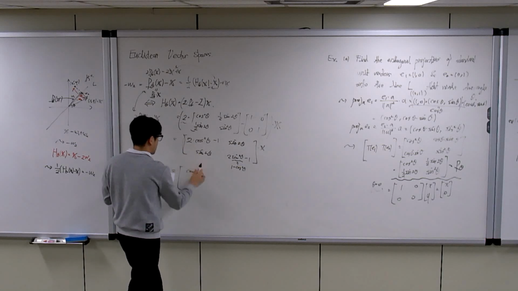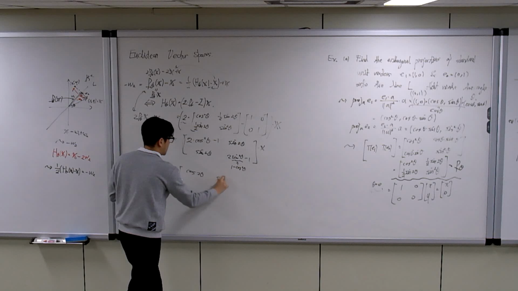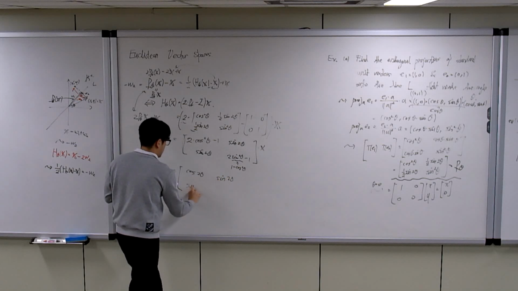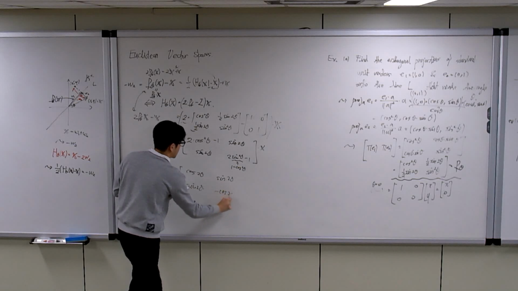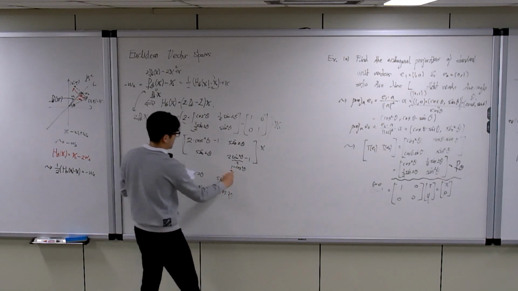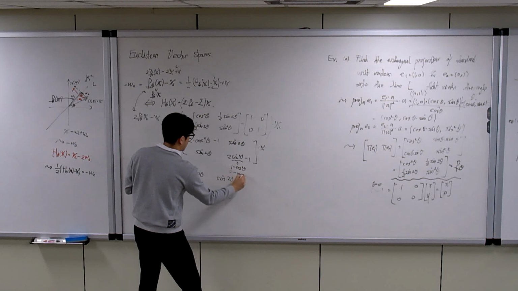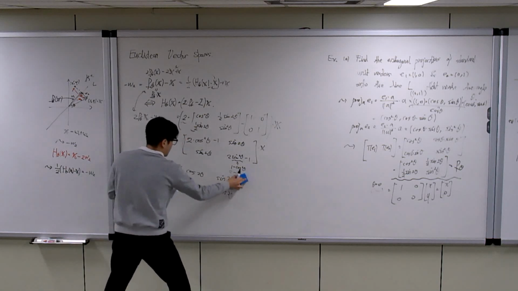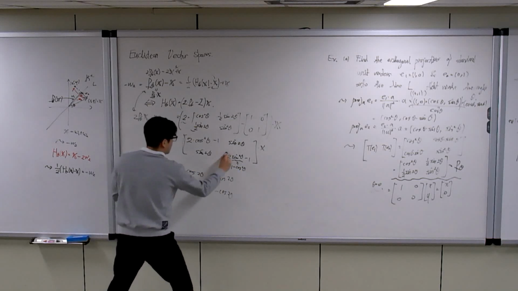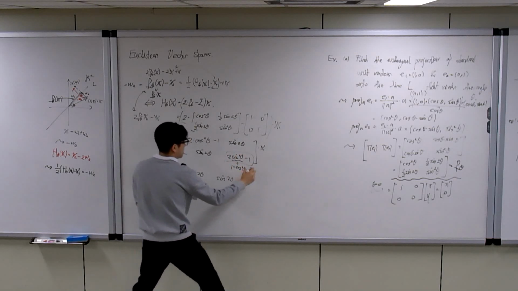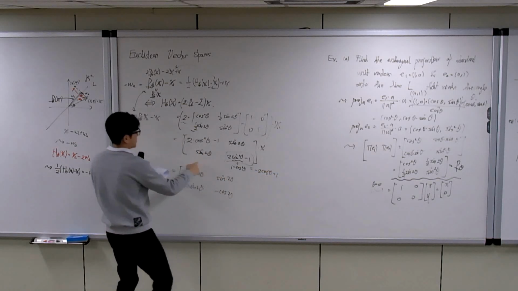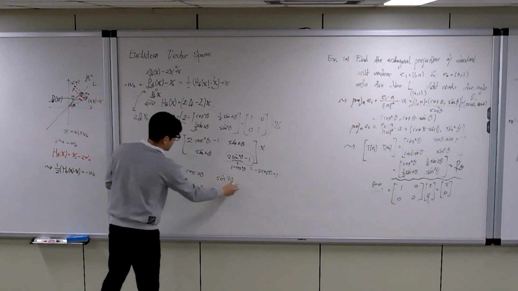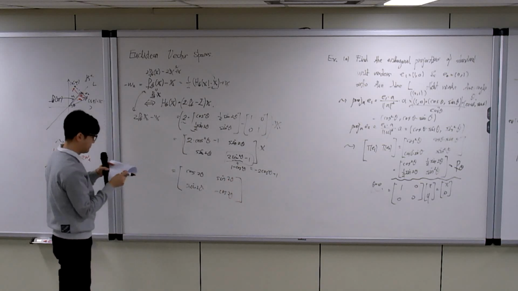This is cosine 2 theta, sine 2 theta, sine 2 theta, and this form is minus cosine 2 theta, because it is the same as minus 2 cosine square theta plus 1, and so it is minus cosine 2 theta.